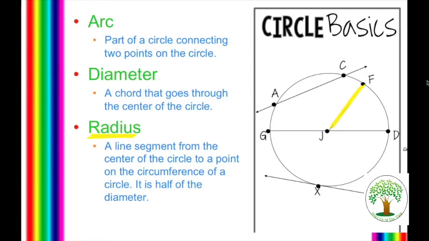Since it's a segment, we're just going to do J, F, in my particular one, and we're just going to put a line above it. So simple. But I also need to let you know, on diameter also, there are formulas with diameter and with radius inside. If you have a formula with radius in it, it is going to be a lowercase r.